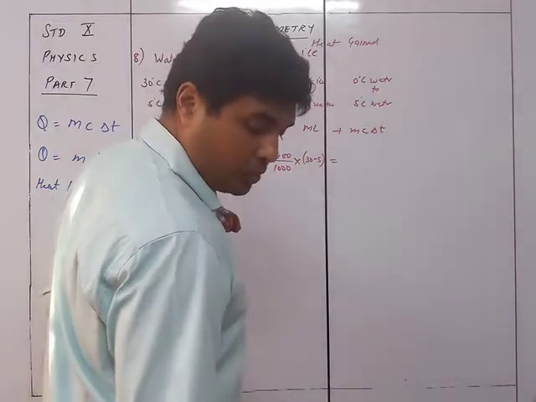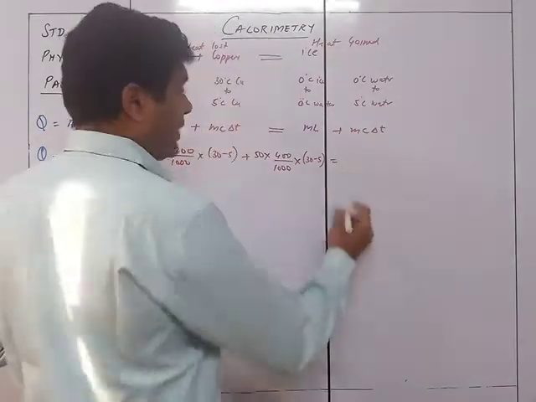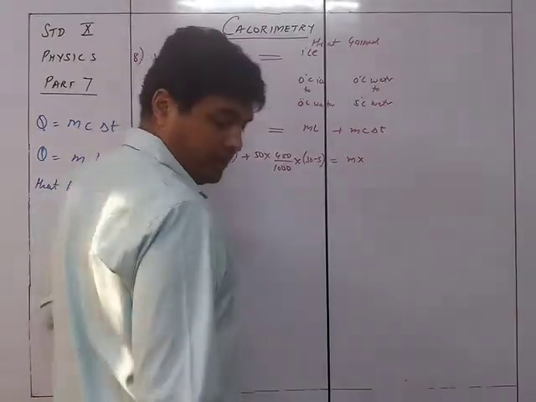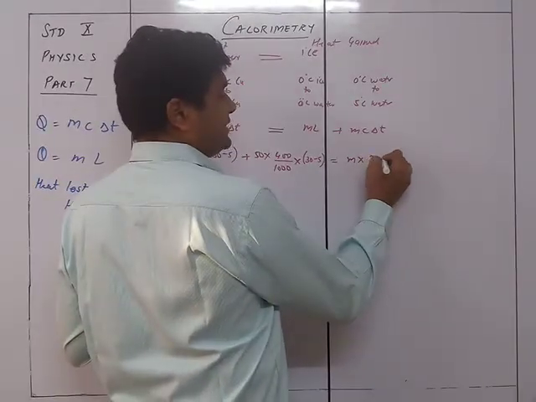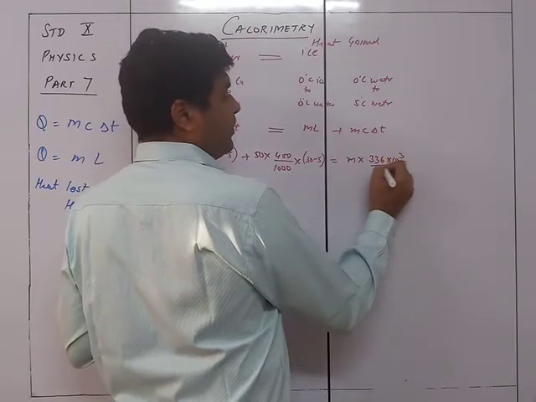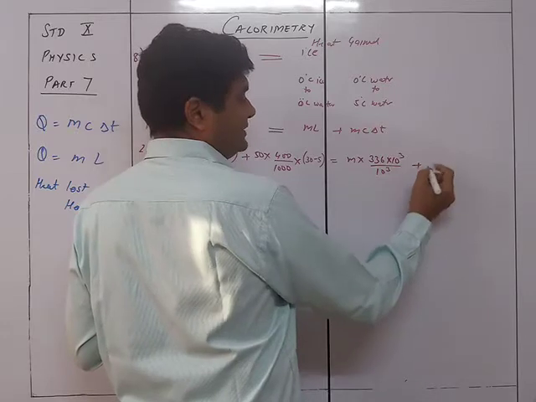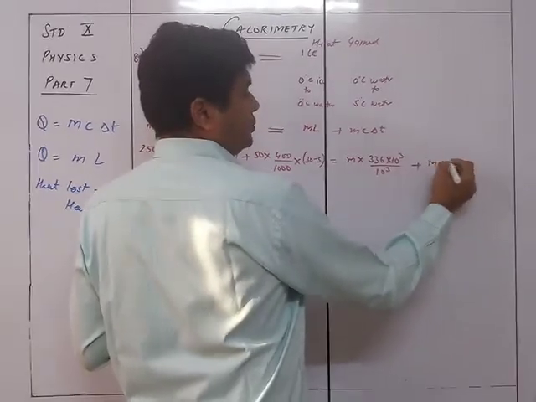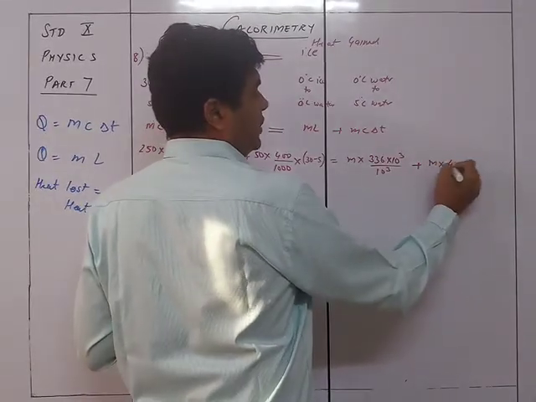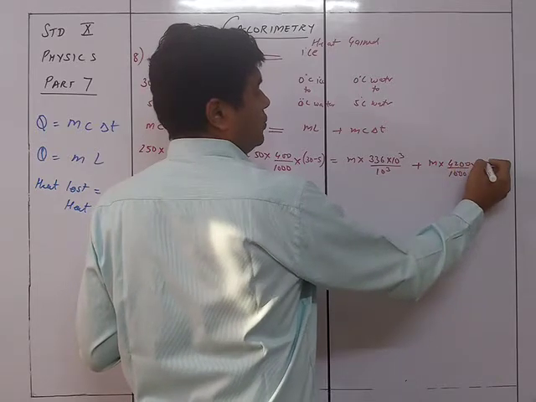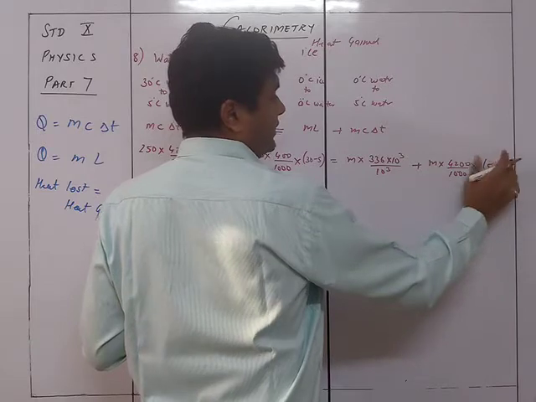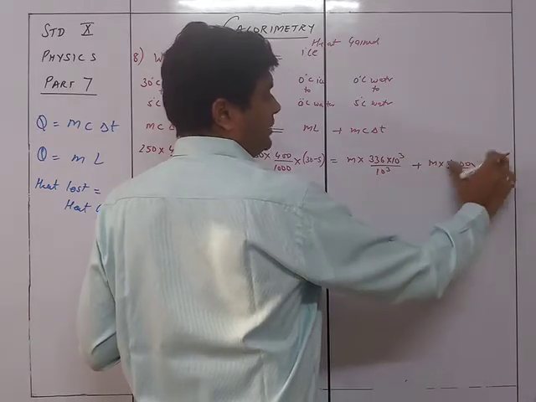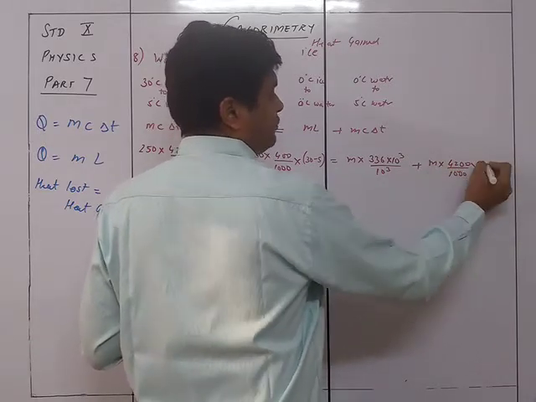Now you don't know the mass of the ice, so you have m into l, which is 336 into 10 raised to 3, upon 10 raised to 3, plus m into c, which will be 4200 upon 1000 into 5 minus the initial temperature 0. So it will be just 5, 5 minus 0.